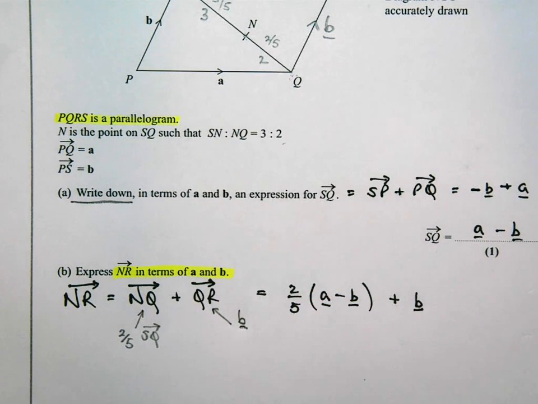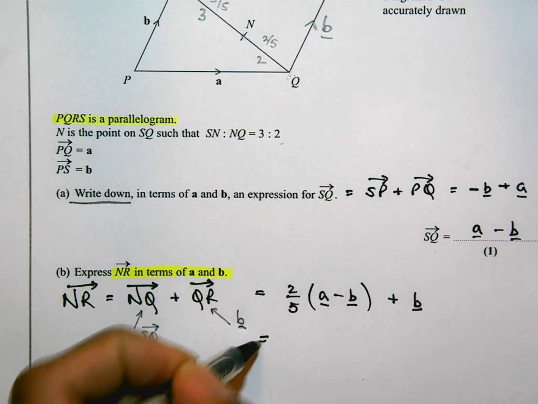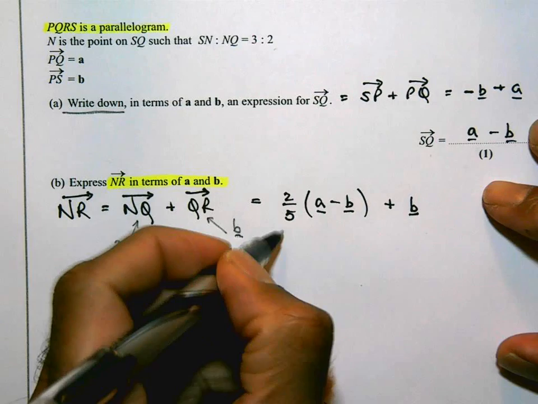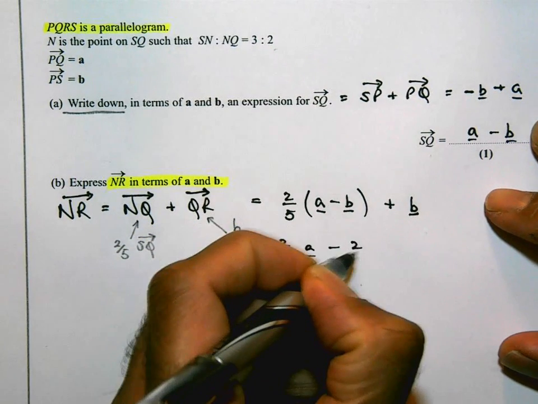I just need to simplify and tidy that up, bring all the b's together. So I'm going to end up multiplying out the brackets to give me 2/5 a minus 2/5 b plus b.